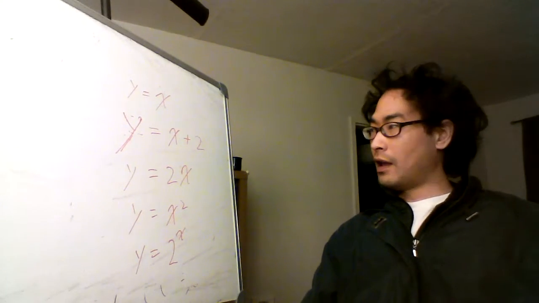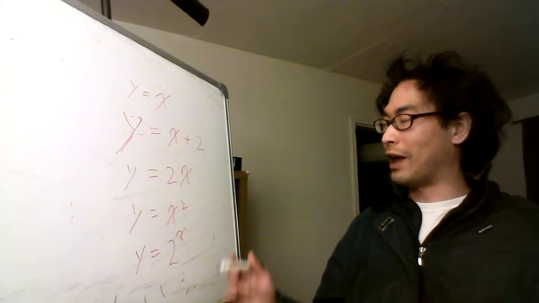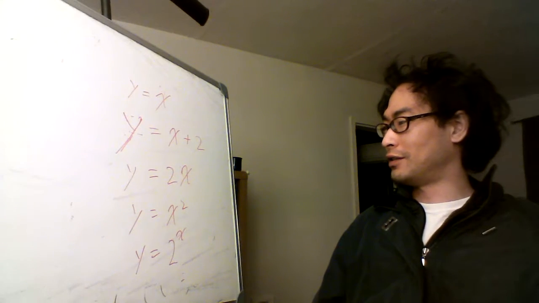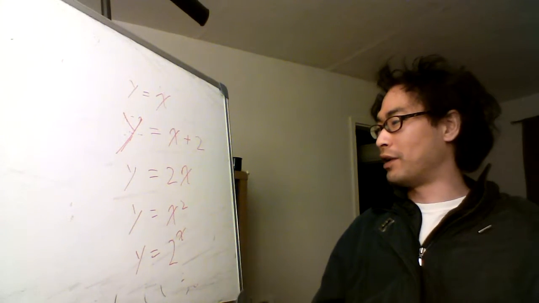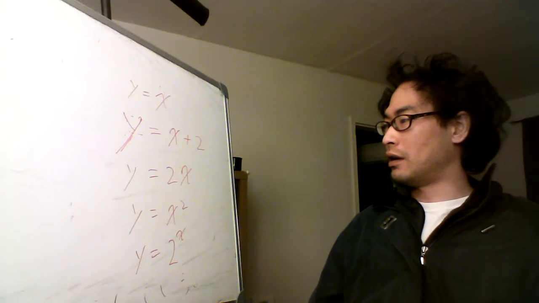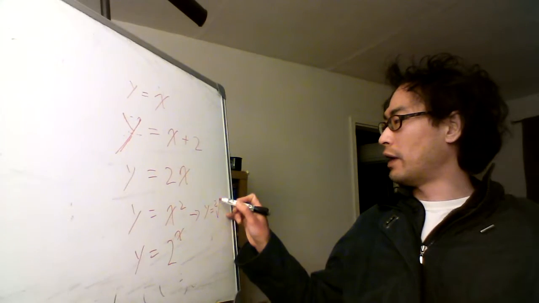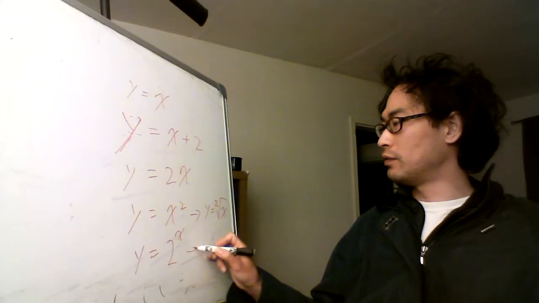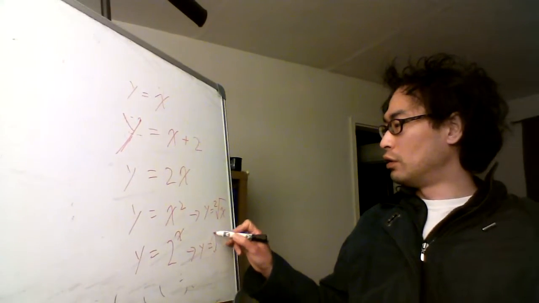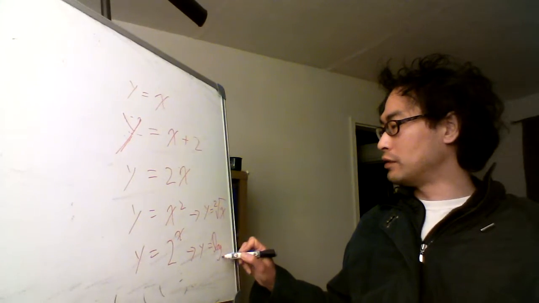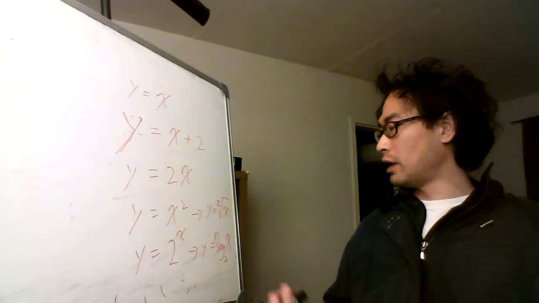In terms of this power operation, the inverse function of that is y is equal to the square root of x. The inverse function of that is y is equal to logarithm of base 2 of x.